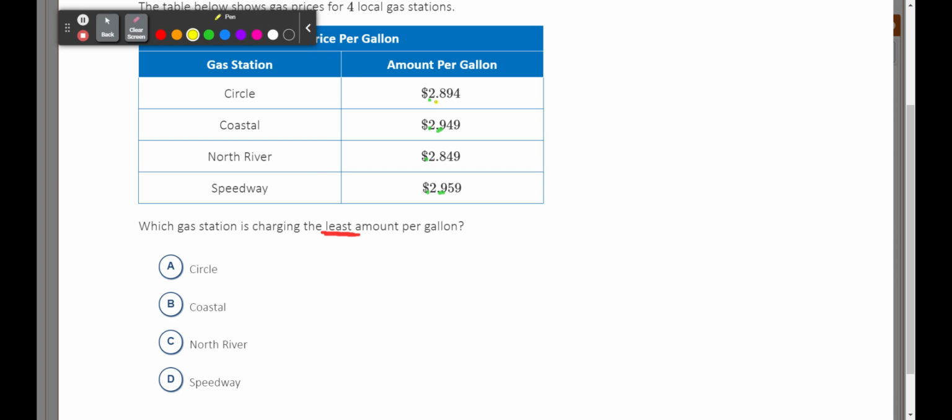Well, 9 is bigger than 8, meaning that these 2 are more expensive than the other 2. So we can eliminate those. Now we go to the hundredths spot. Well, we've got 2.894 and 2.849. Well, 4 is less than 9 in this spot, meaning that North River is the lowest out of all of those choices.